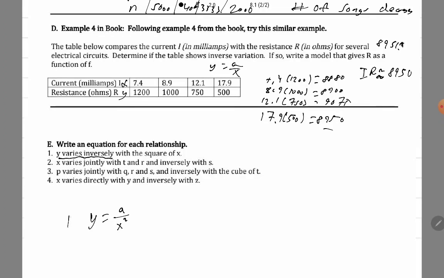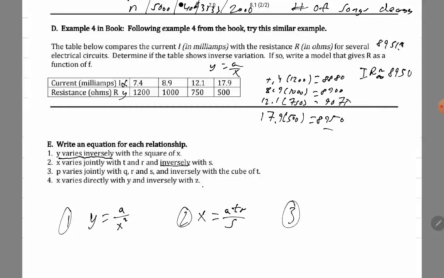So number 2. x varies jointly with t and r, and inversely with s. So we have a here, t, and r. If it's inversely, they go in the denominator. If they're jointly, they go up top.